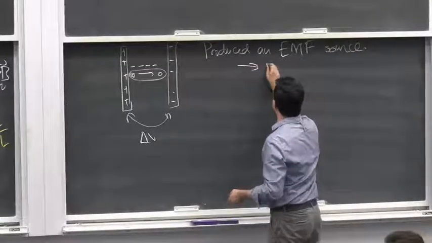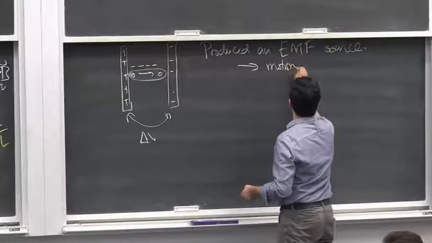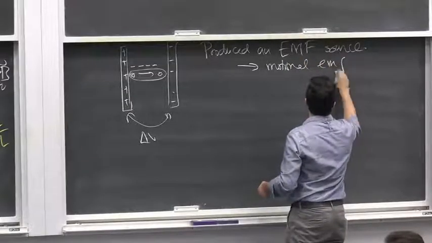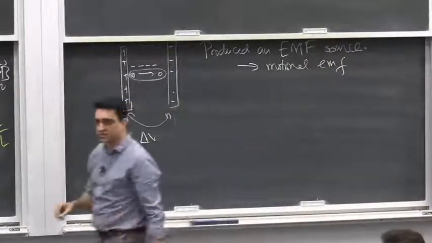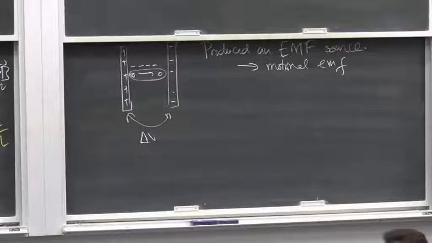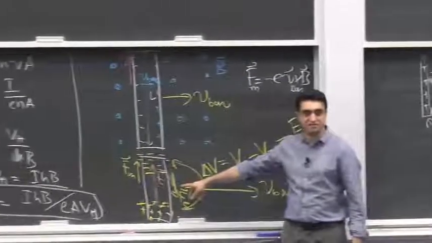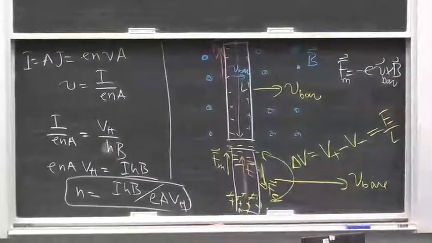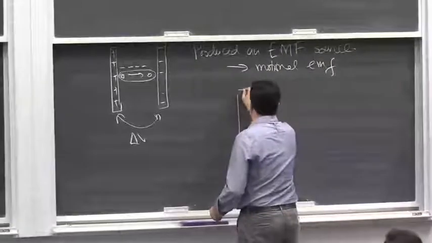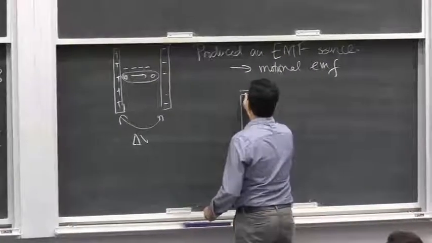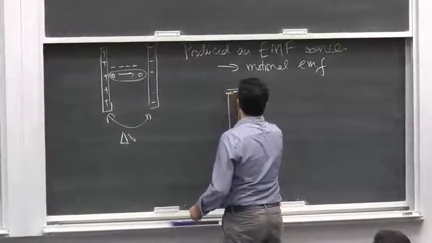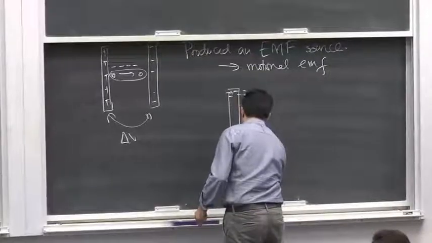This EMF source is called motional EMF, if you might have heard the name. So you have created a certain potential difference just by moving a conductor inside a magnetic field. What if you have this negative side and this positive side?